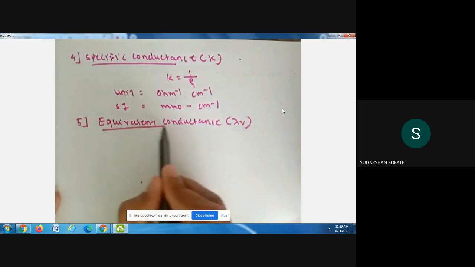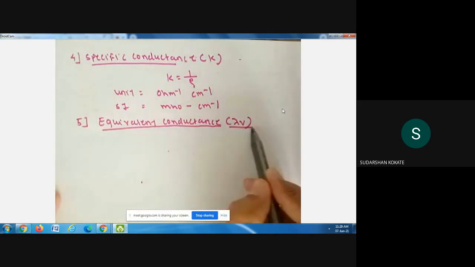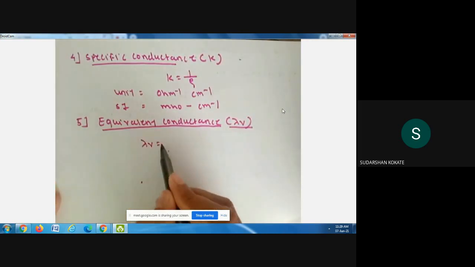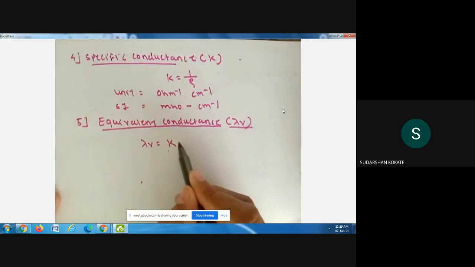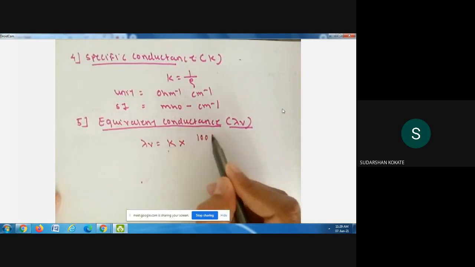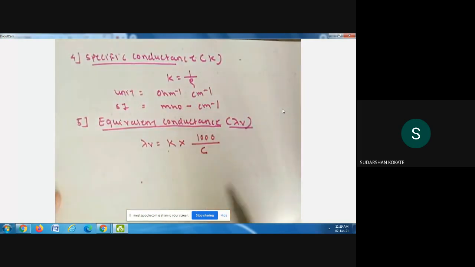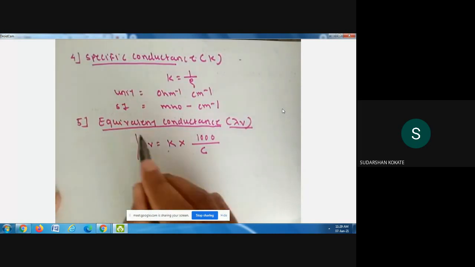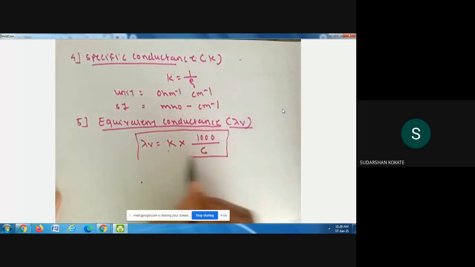So the formula is lambda v equals k, specific conductance, into 1000 divided by C, where C is the concentration in terms of normality.